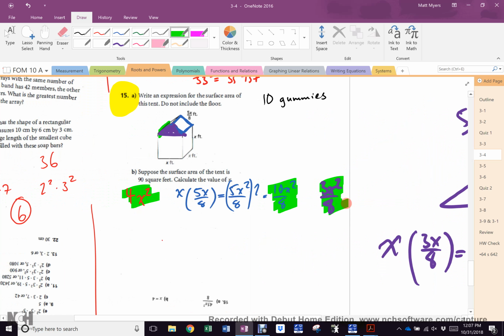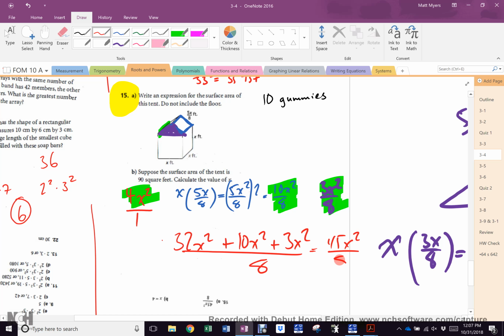I don't have the same denominator. What is the denominator? 8, 8. What's the denominator here? 1. What do I need to do to that to make it 8? Multiply it by 8. What is 4x squared times 8? 32x squared plus 10x squared plus 3x squared over 8. 32 plus 10 is 42. 42 plus 3 is 45x squared over 8.